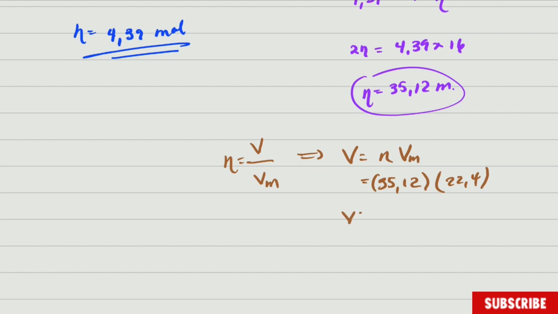So the volume is going to be 786,68 cubic decimeters. This is the volume of carbon monoxide produced or released when that amount of octane is burned.